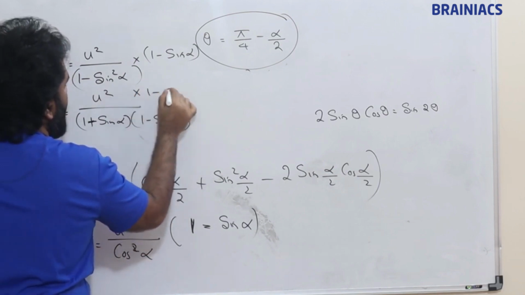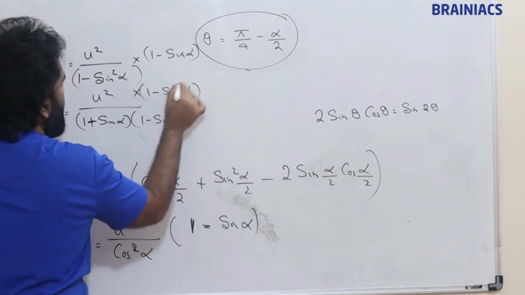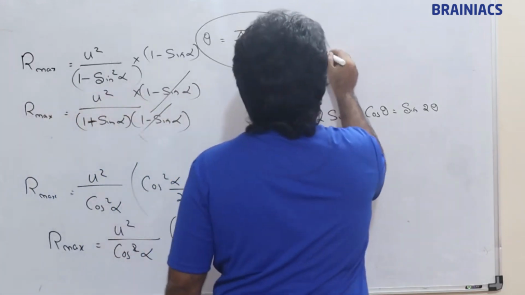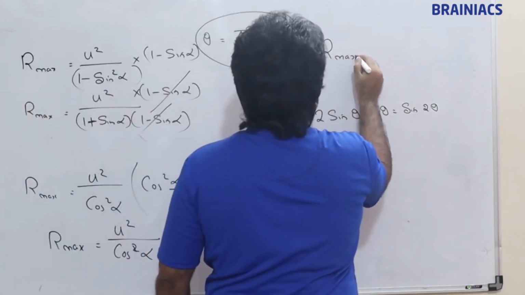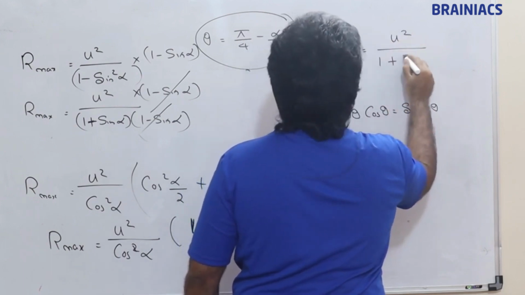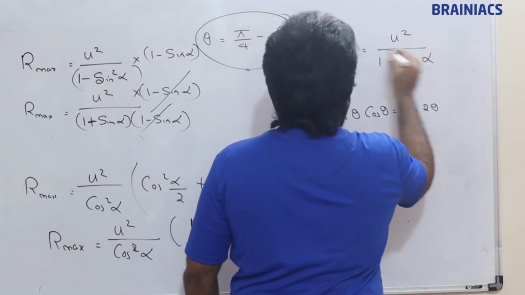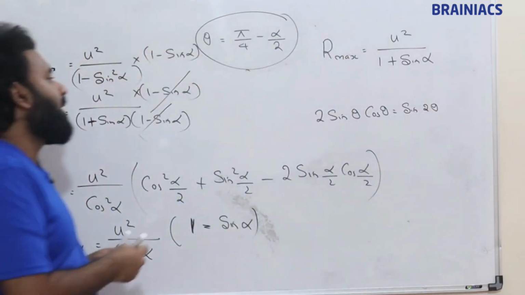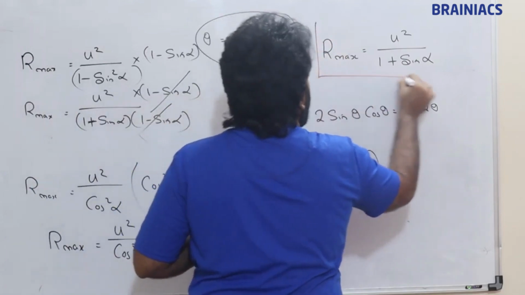So here 1 minus sin alpha is already there, so this will cancel each other. So I will be getting R max is equal to u square by 1 plus sin alpha.